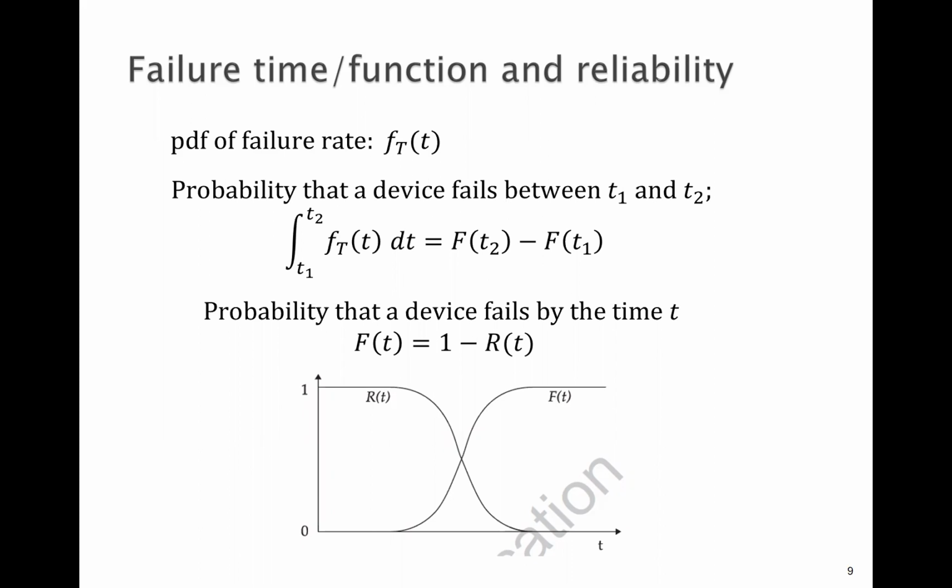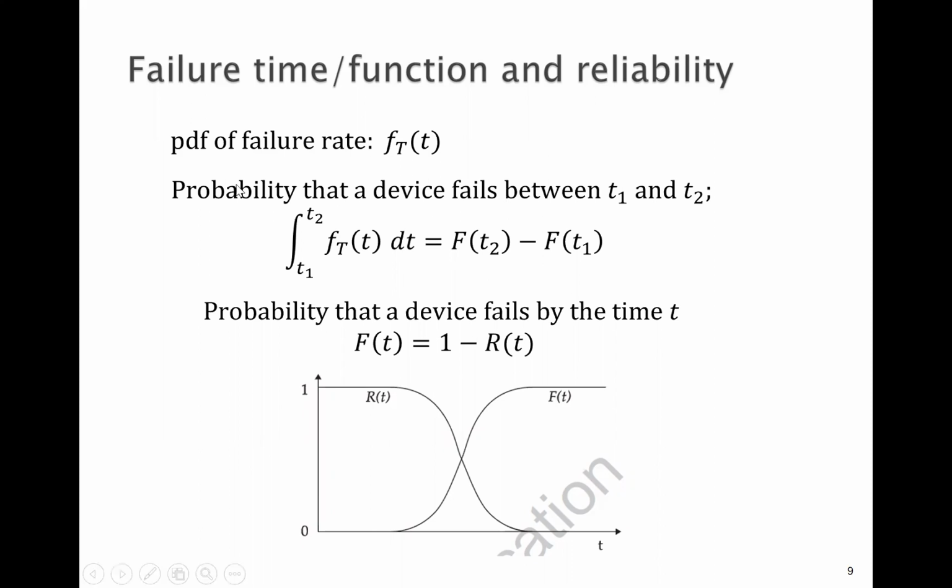It's just like flipping a coin. When we flip a coin, the probability of having head and tail is 1/2, and if one increases, the other decreases in proportion.